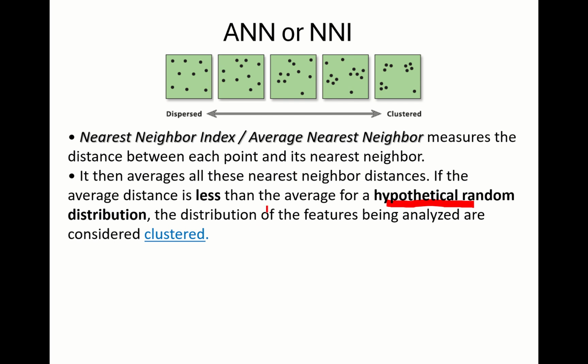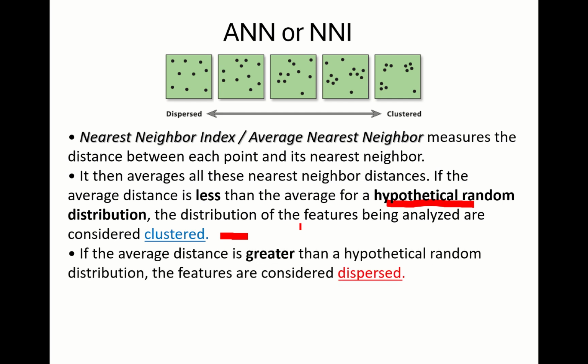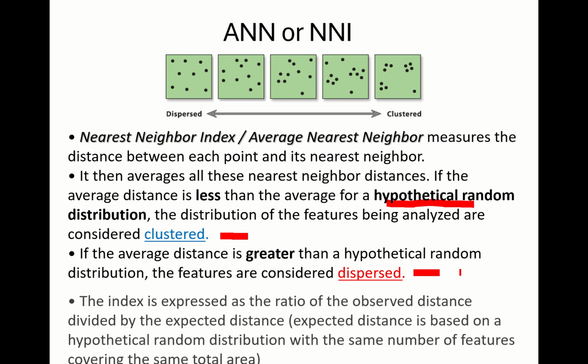If these points are closer to it compared to a hypothetical random distribution, we're going to consider that the points are spatially configured in a clustered pattern. They tend to be closer together than we would expect randomly. Oppositely, if the distance between that point in question and all of its neighbors is further than the hypothetical random distribution, we're going to consider that those points are dispersed compared to what we would expect.